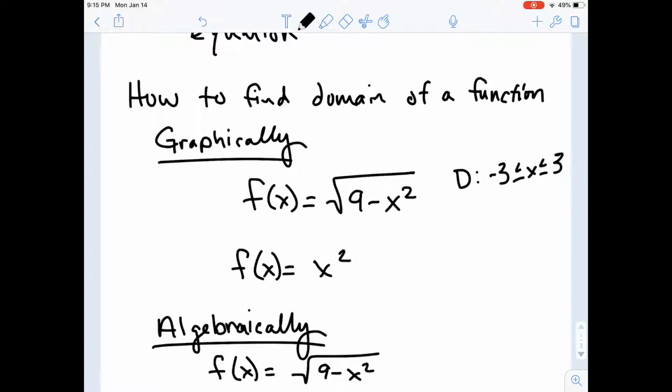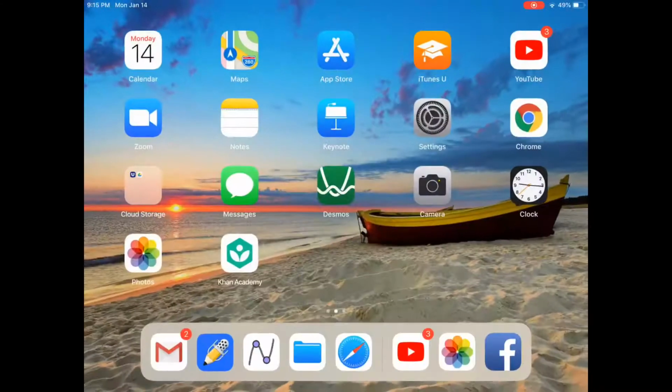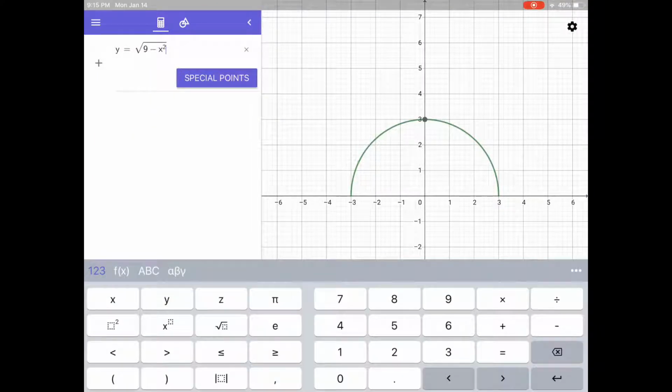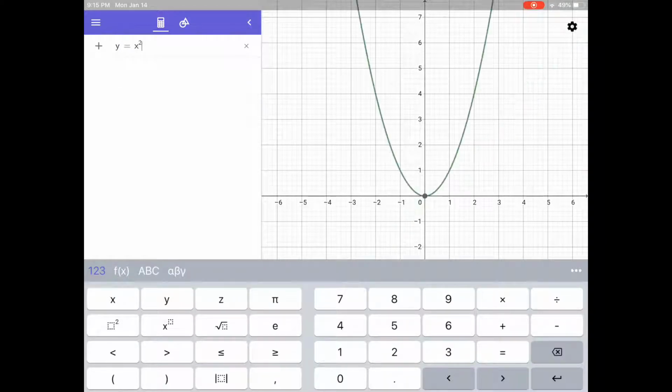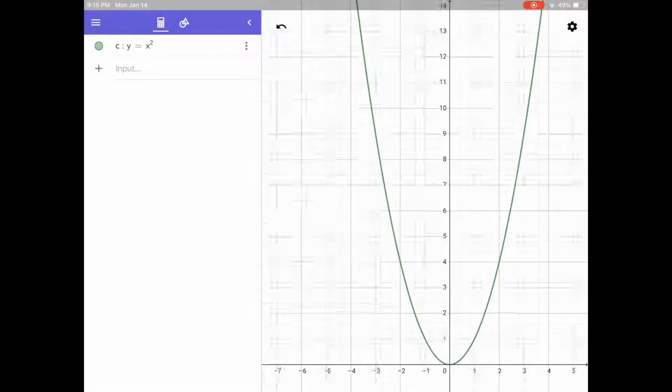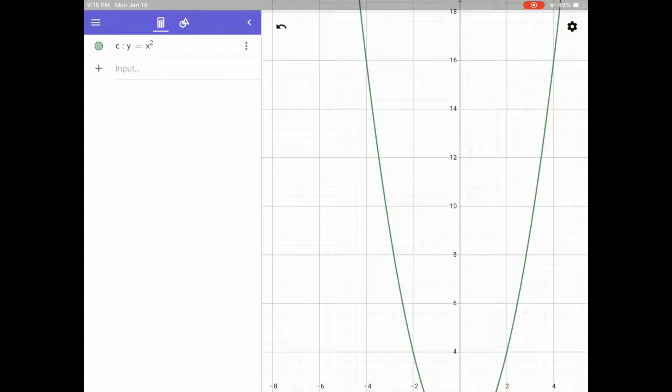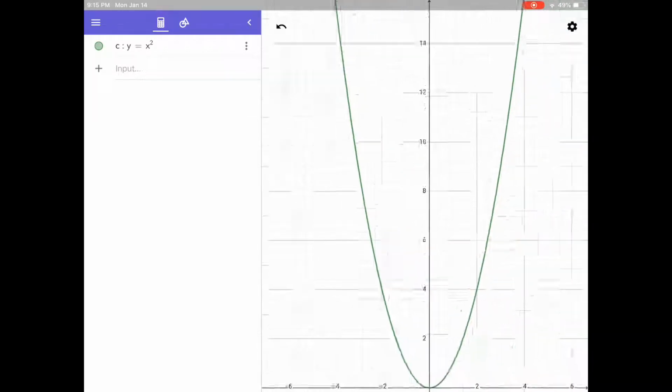Now, if you look at this one, f of x, or y equals x squared, let's jump back over to my equation, and so we go y equals x squared. You're reading a graph from left to right. If you look at your graph, it keeps getting bigger and bigger in both directions.